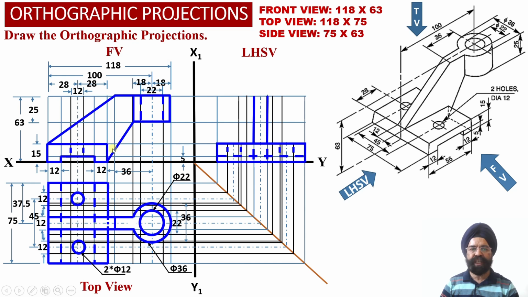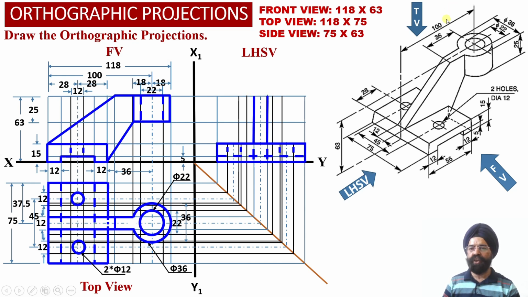It is not visible to the observer, so this portion will appear as hidden line or dotted line projections from the left hand side view orientation. But this complete portion above the top surface of this horizontal web is visible to the observer. So we have obtained apparent shape projections corresponding to this inclined web into the left hand side view projections over here.